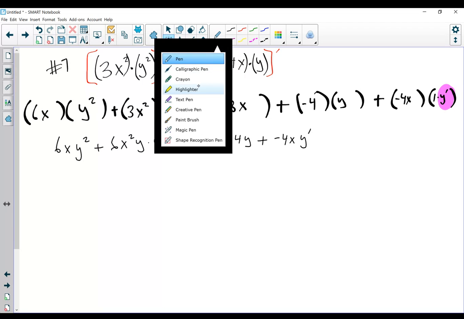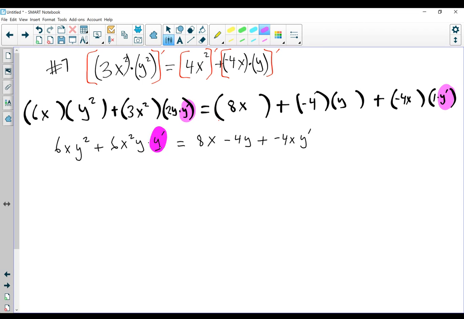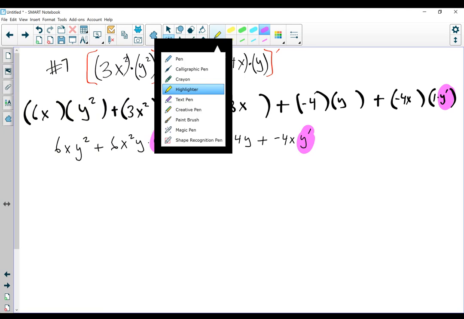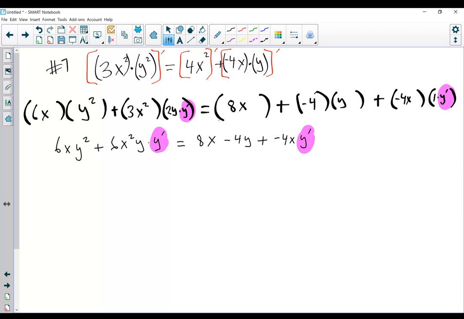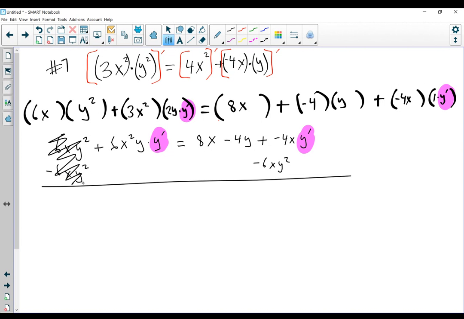Again, I've got to do some highlighting. We have to get these two together on the same side, and the rest of the terms together on the other side. Just glancing at this, my opinion is it's less algebraic maneuvering to subtract the 6xy squared from each side. It really doesn't have a like term on the right side. It does on the left side, so that's gone.